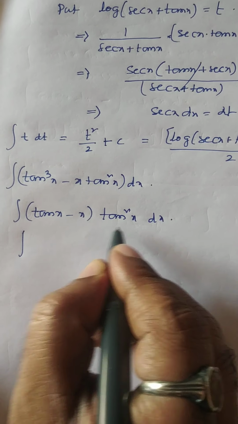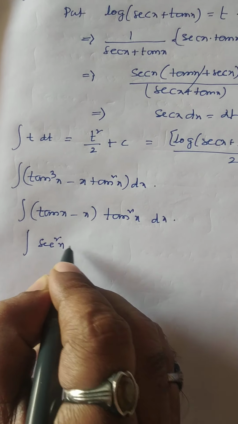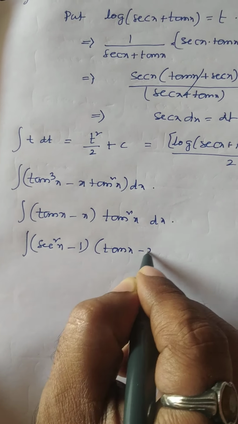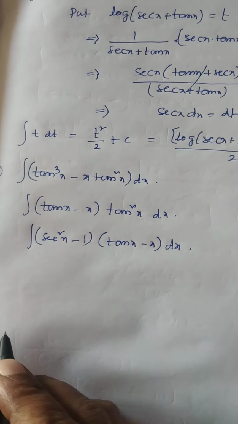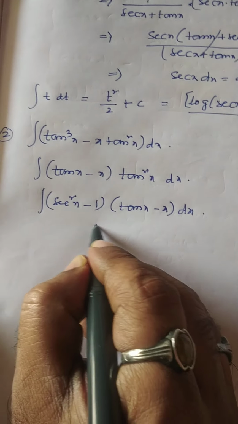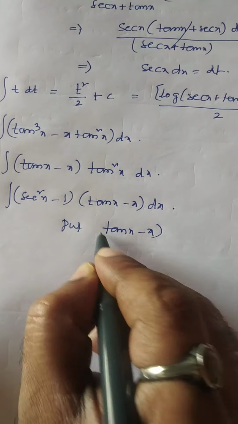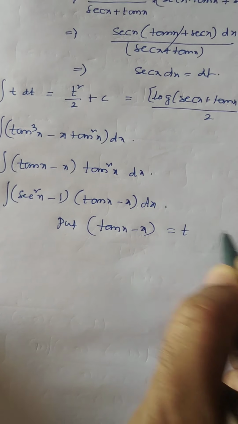So tan square x is nothing but secant square x minus 1 into tan x minus x dx. Now in this put tan x minus x, x is equal to t.